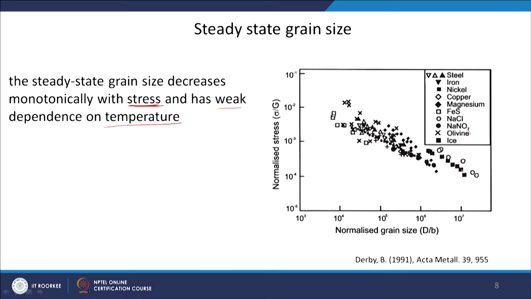So, stress is decreasing and grain size is increasing. If you remember, earlier in the case of dynamic recovery we talked about subgrain size, which we related with the Zener-Holloman parameter, and you can also relate the stress with the Zener-Holloman parameter.